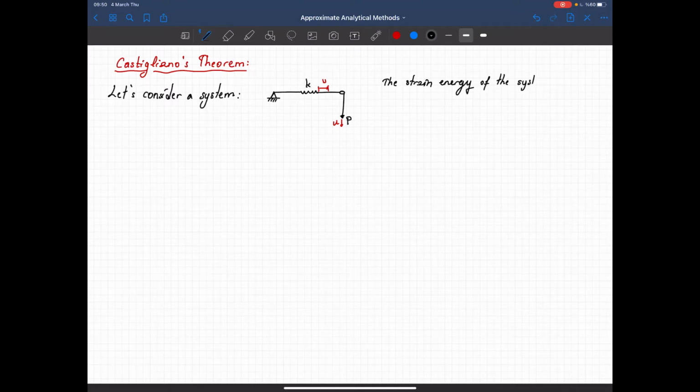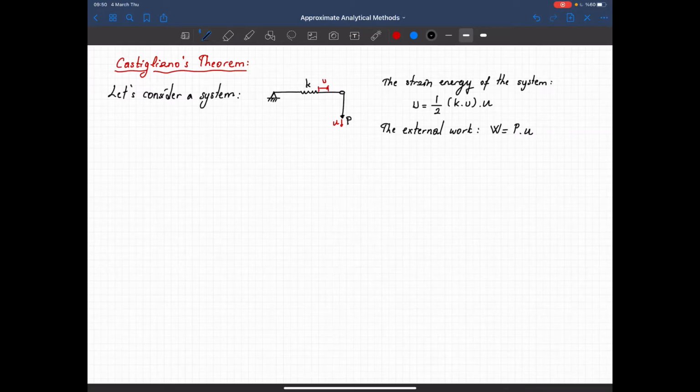of the system is as follows. U is equal to 1/2 the force, which is K times U, multiplied by the displacement. And the external work is the work done by the force.